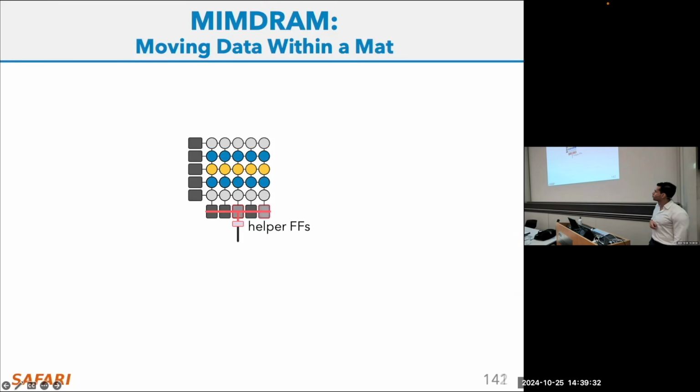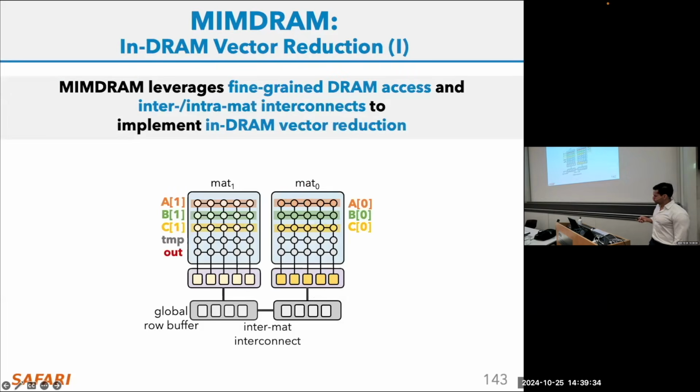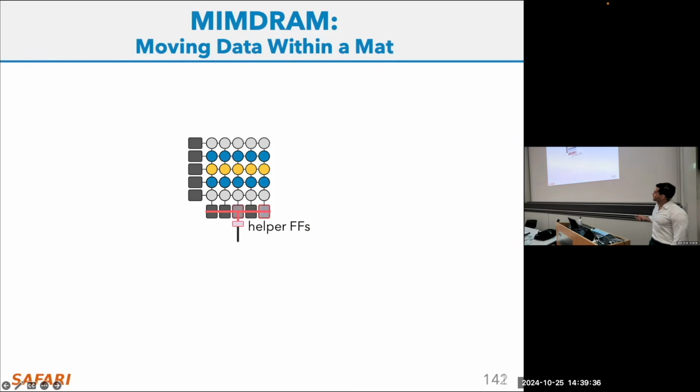So let's say that you want to copy the data from this column here to this column over here. You read a column as is done regularly for a column request, and this is going to latch that column data in this helper flip-flop here.